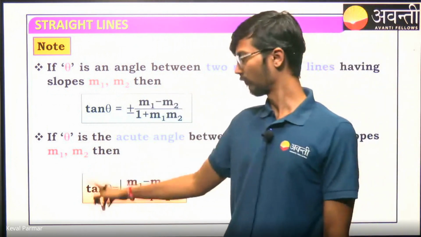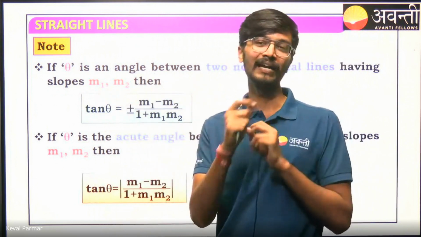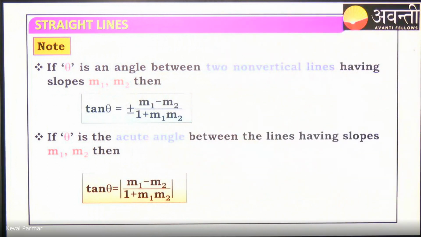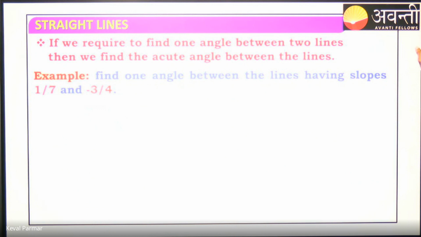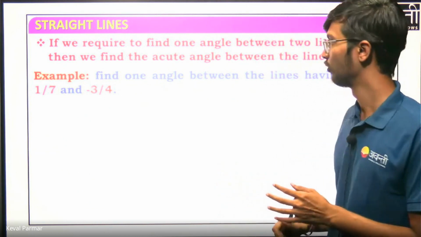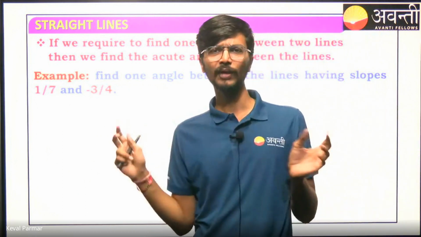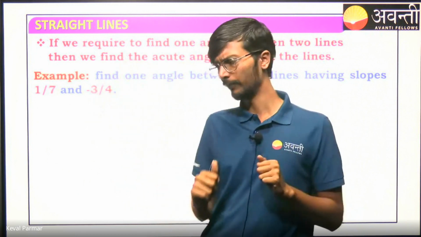We'll do it in detail once the angle between straight lines topic comes. If we want to find an angle between two lines, we find the acute angle, because once we get the acute angle, we can use pi minus theta to get the obtuse angle.